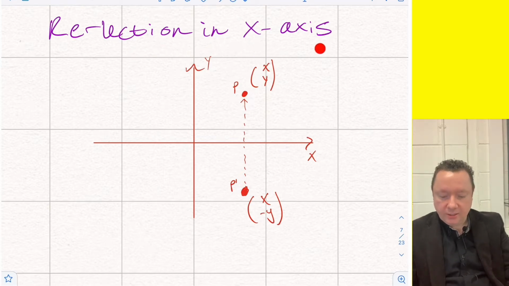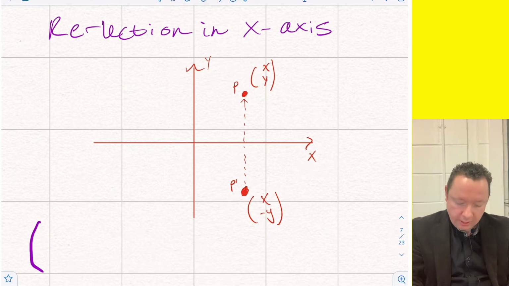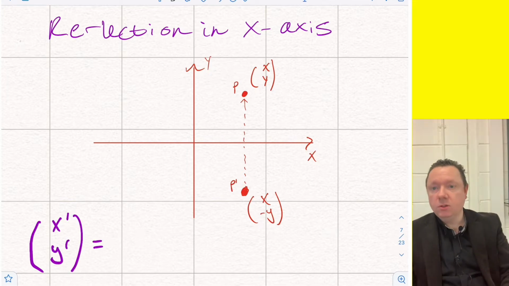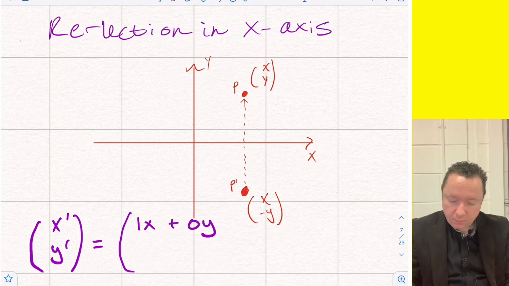Reflection in the x-axis. If we take a point x, y and reflect it over the x-axis, well, x stays the same, but y becomes minus y. We just take our image, x prime, y prime, equals, well, if I look at our image, we've got 1x plus 0y on the top, and on the bottom, we've got 0x minus 1y.